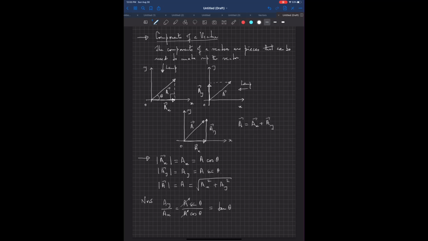And what this means is that theta then is the inverse tan of A sub y over A sub x.